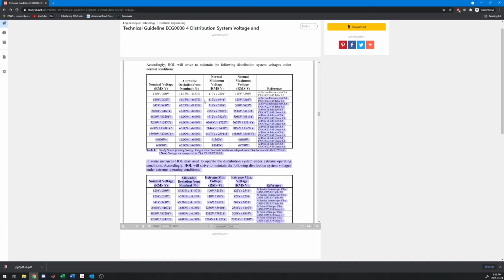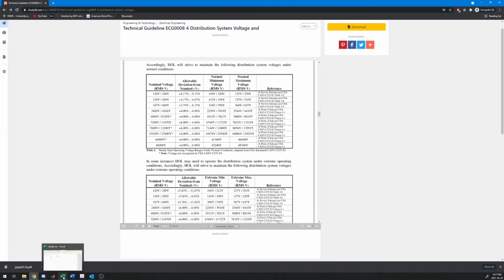Our voltage 120/208 volt is here, and it is allowed a deviation of plus 4.17% and minus 6.67%, which corresponds to the lower end of voltage range of 112 volts and the higher end of voltage range of 125 volts, so the minimum and maximum voltage that we're allowed to have.